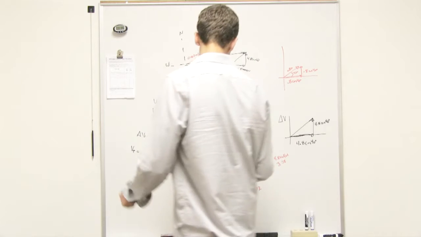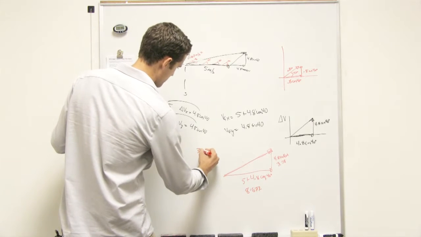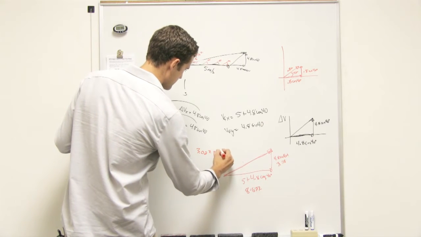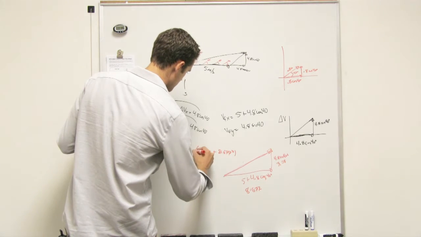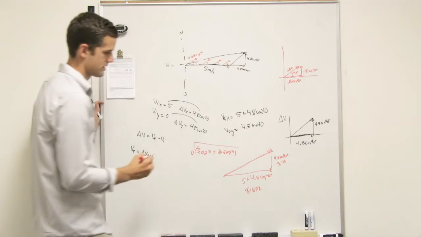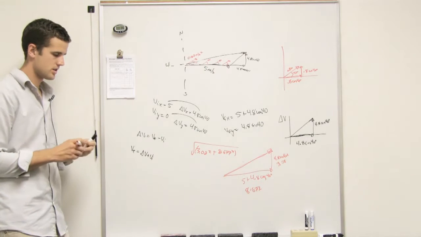So then what you want to do is do 3.08 squared plus 8.677 squared. And you just take the square root of that. Oh, okay.